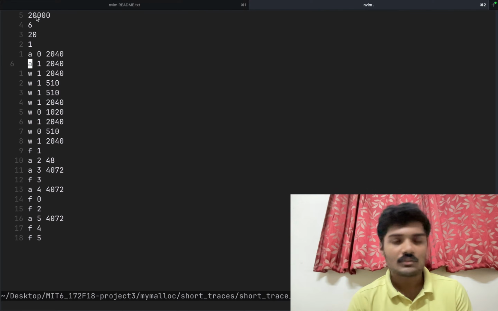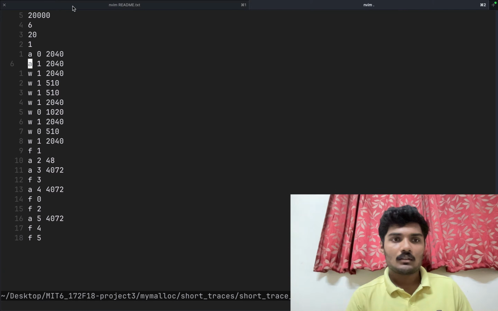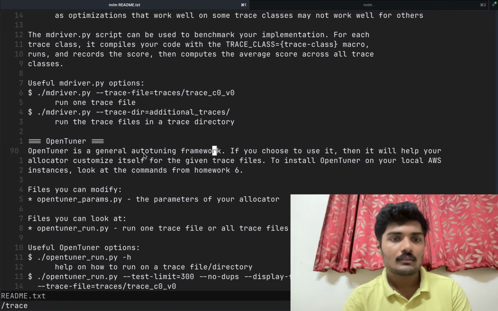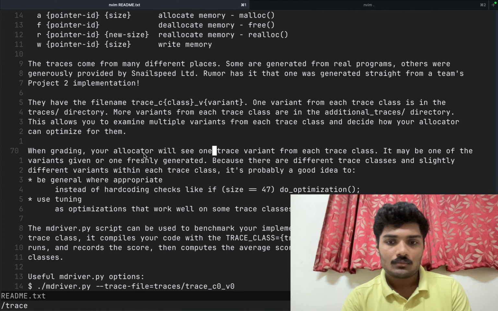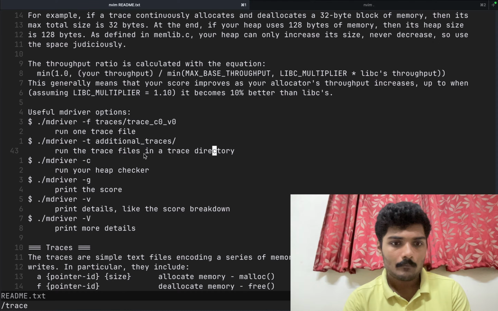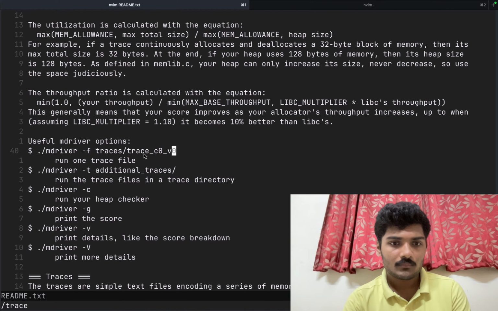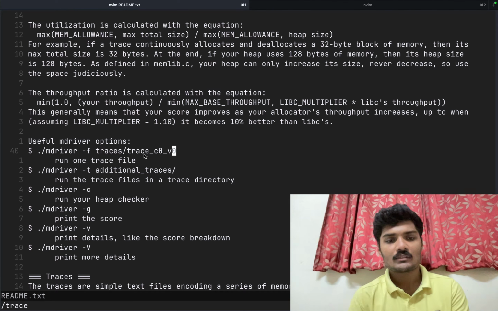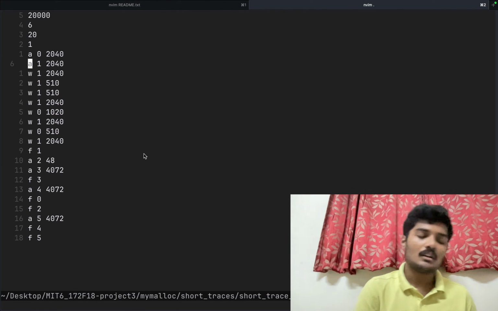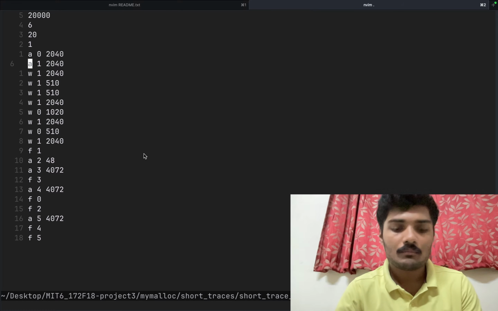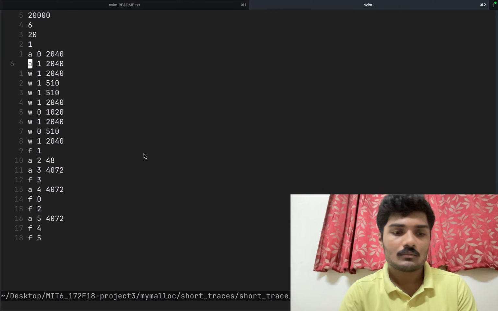Is 20,000 the initial memory that we have to allocate? Is it something that the M driver uses? Run your heap checker, put a score. I think the M driver must be using the initial numbers.